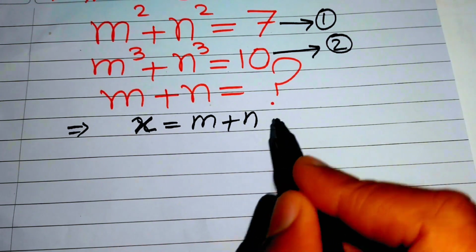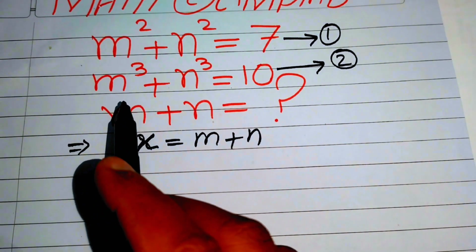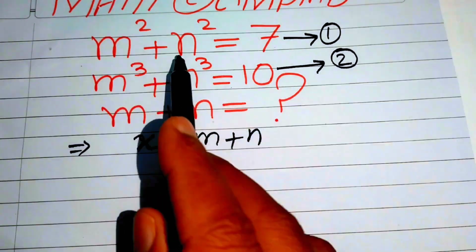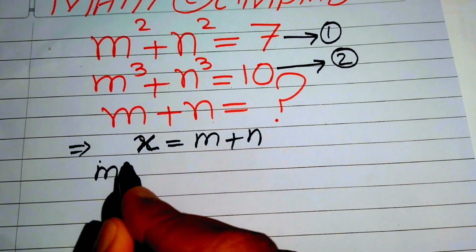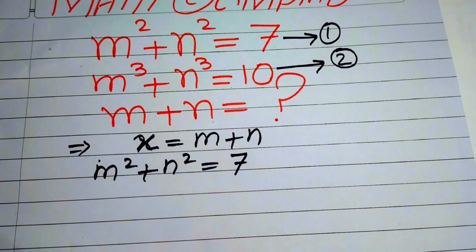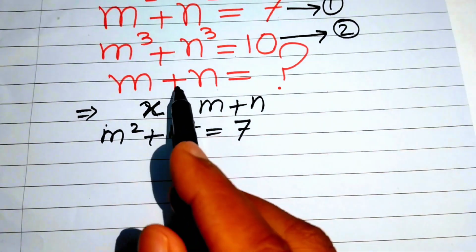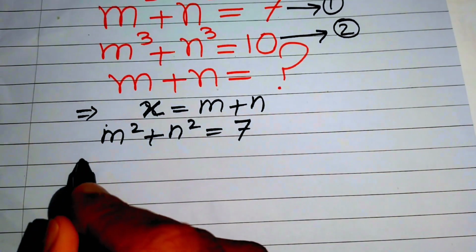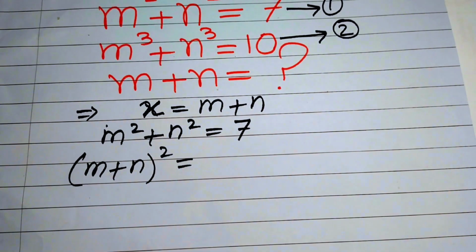And now you first focus on equation number 1, and here in equation number 1 we have m square plus n square equals 7. We are given that the value of m square plus n square equals 7. Now we move towards m plus n, and we take the square on m plus n, and then you get its value in this form: m plus n whole square equals.